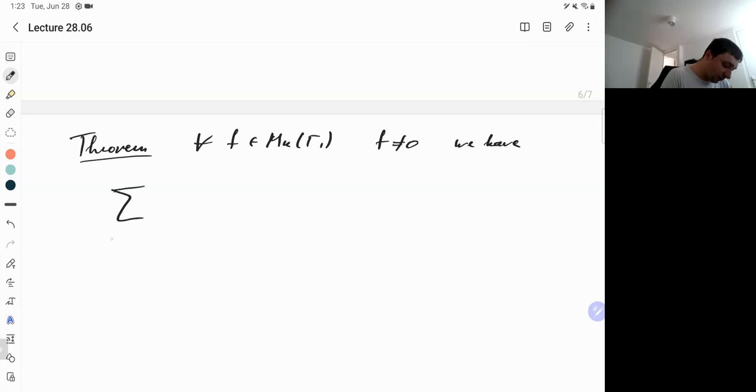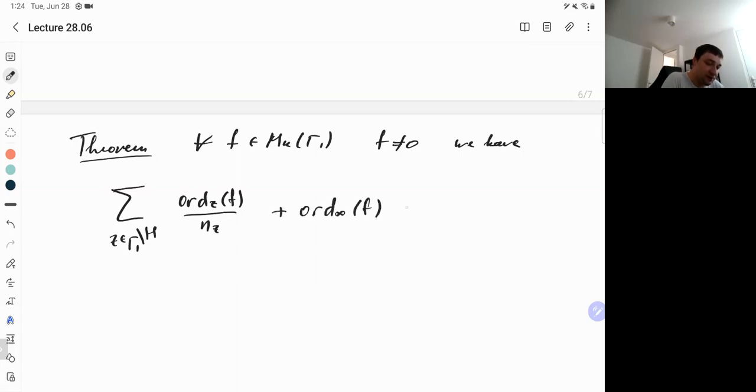If you take a sum over all representatives of the upper half plane modulo the group action of PSL_2(Z), and you sum the order of vanishing of this function divided by this weight, and plus you add the order of vanishing at infinity, then this actually doesn't depend on f. It's always equal to k over 12.